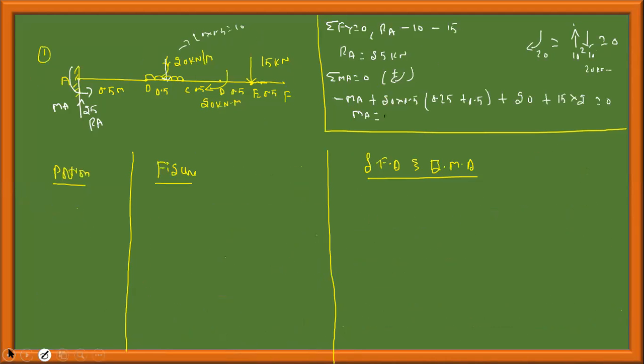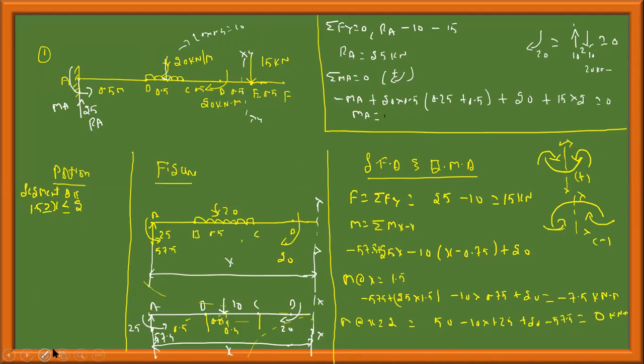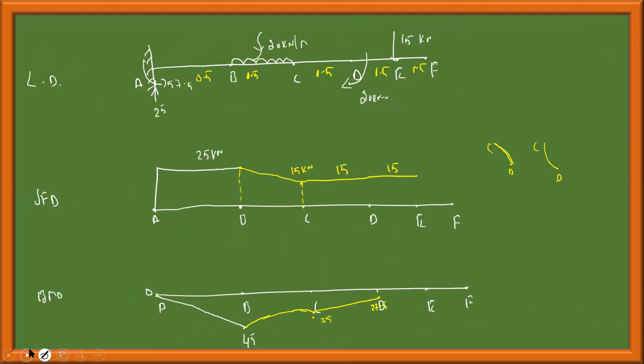Next, the moment about x equal to 1.5 is minus 7.5 and at x equal to 2 is 0. This is constant, this is linear, minus 7.5 and 0. Just indicate it proportionally.